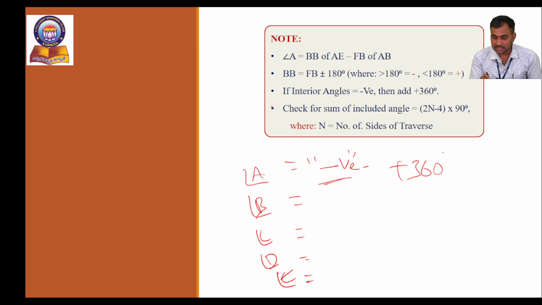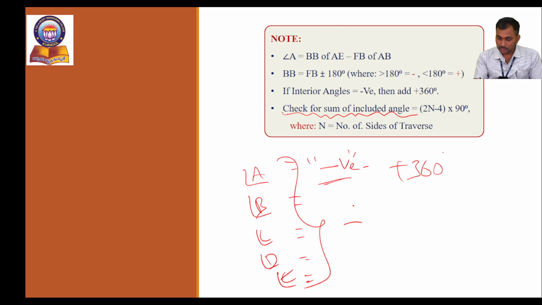And the last one: after completing the whole problem, whether we did the problem right or wrong, there will be a small judgment. For that there is a small check, nothing but the check for the sum of included angles. So what is the sum of all interior angles?